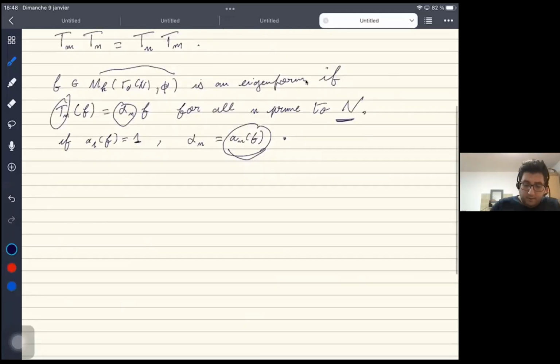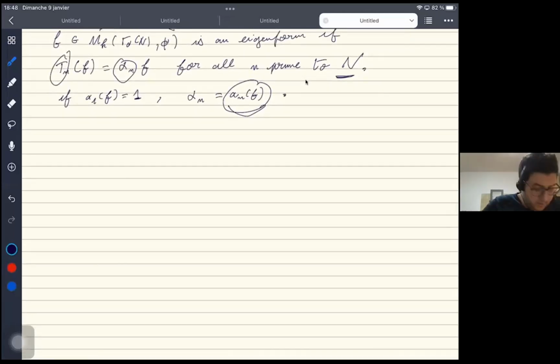And now I will state here an important theorem.